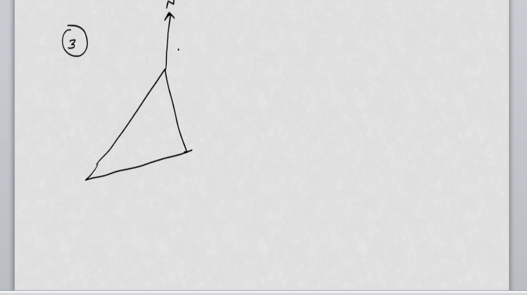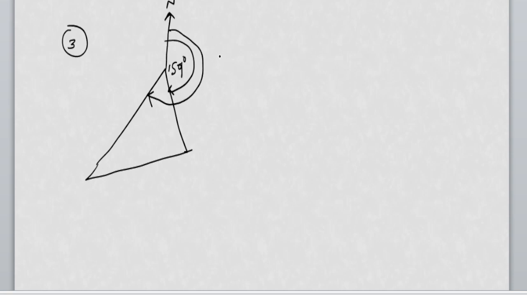They've given us 159 degrees here, then we've also been given another angle here, from here all the way to there.